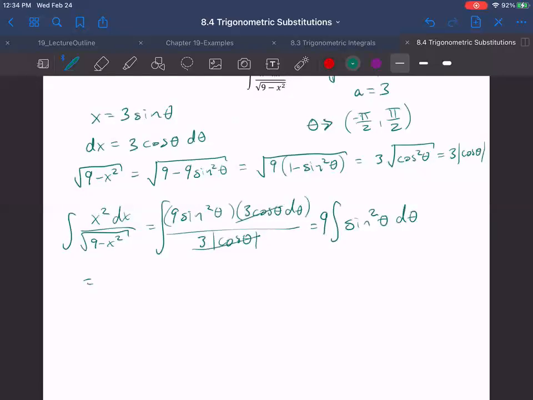And we can do our substitution here: 1 minus cosine 2 theta over 2 d theta, right? That's what sine squared was. Our power reduction one.